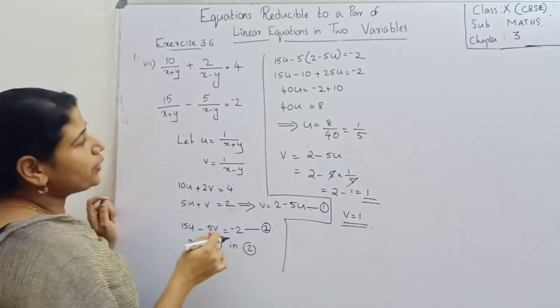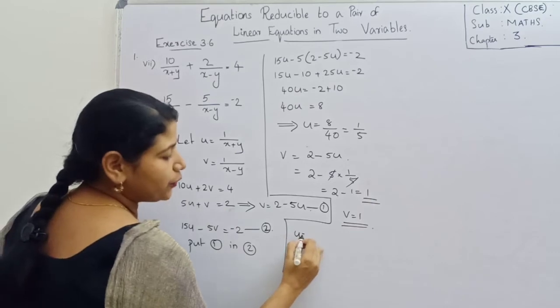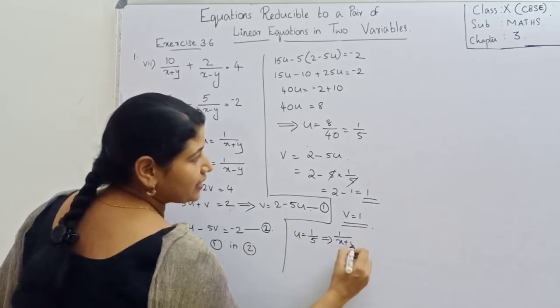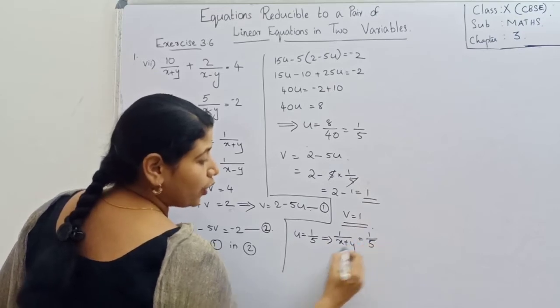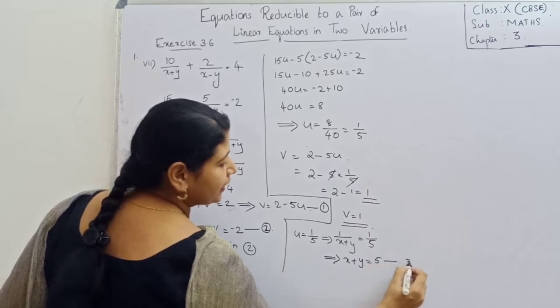As we know, u is 1 by x plus y and v is 1 by x minus y. Since u equal to 1 by 5, we can write 1 by x plus y equal to 1 by 5, or x plus y equal to 5. This is our third equation.